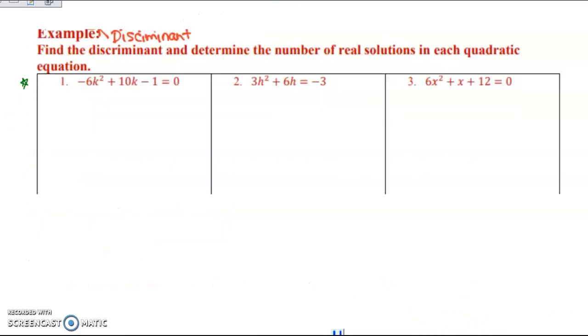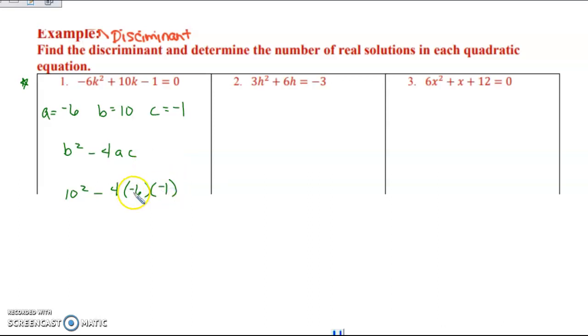And so let's take a look at 1. We identify our a is negative 6, our b is 10, and our c is negative 1. And we need b squared minus 4ac. So b squared is 10 squared minus 4 times a, which is negative 6, times c, which is negative 1.